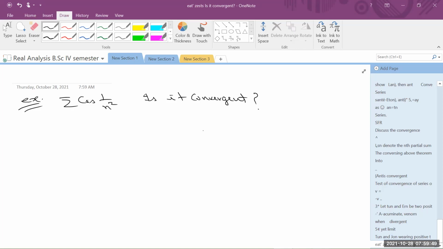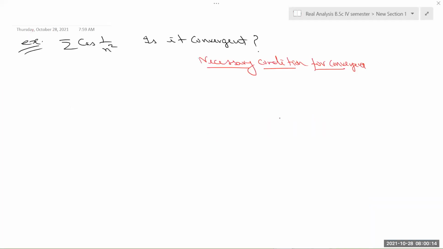But before that, one needs to apply the necessary condition for convergence, which I discussed in my earlier lecture. What was the necessary condition? If the series is convergent, then the limit of the nth term is going to be 0.